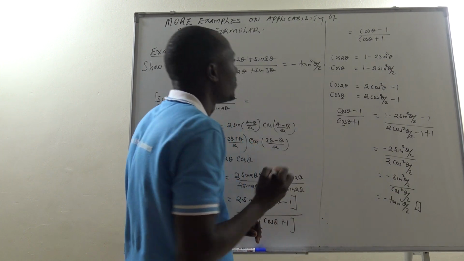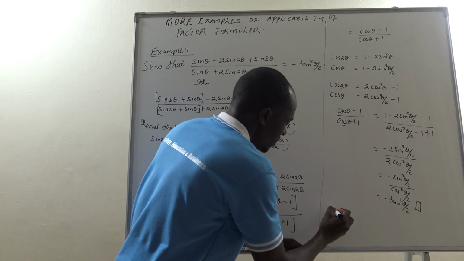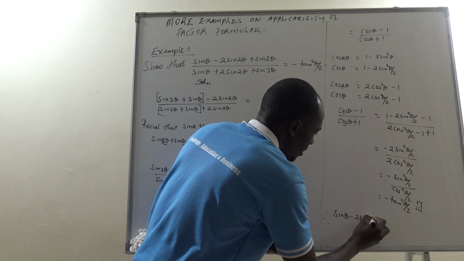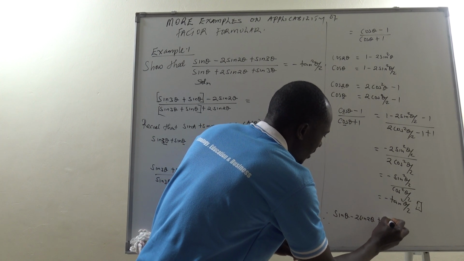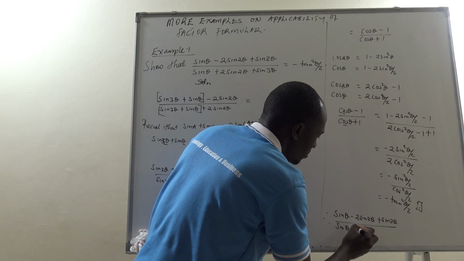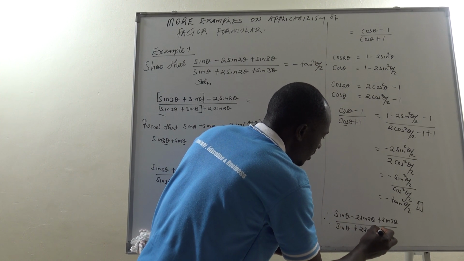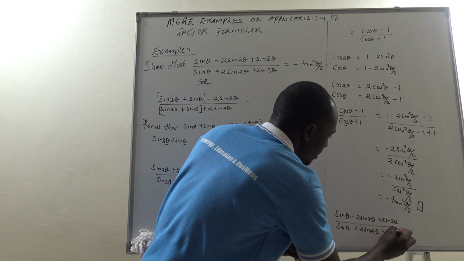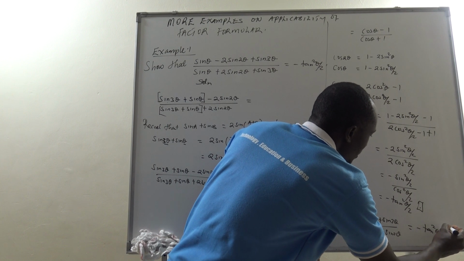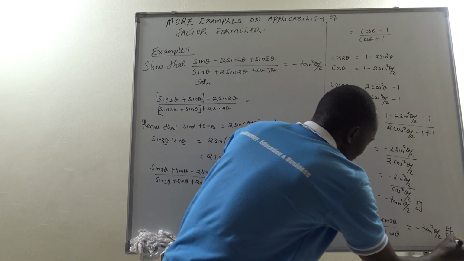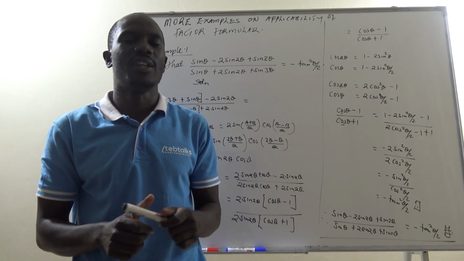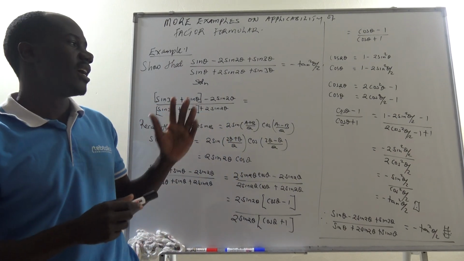So we conclude that what was given, sin theta minus 2 sin 2 theta plus sin 3 theta all over sin theta plus 2 sin 2 theta plus sin 3 theta, gives us negative tan squared theta by 2 as required. That's how we do such a problem using the idea of the factor formula.